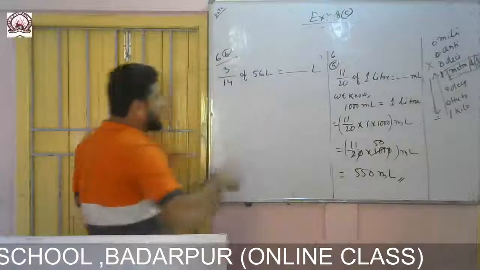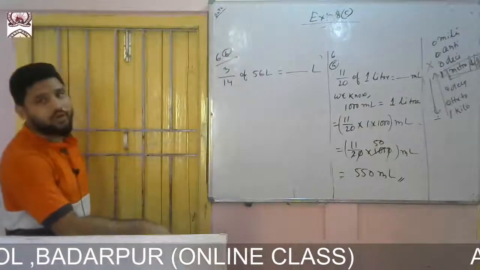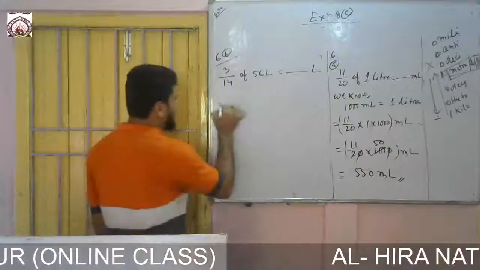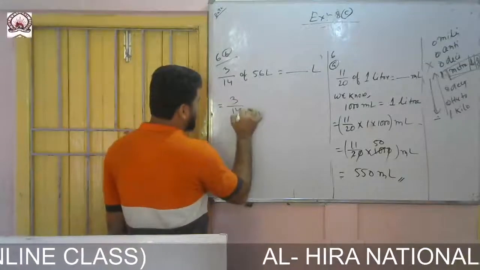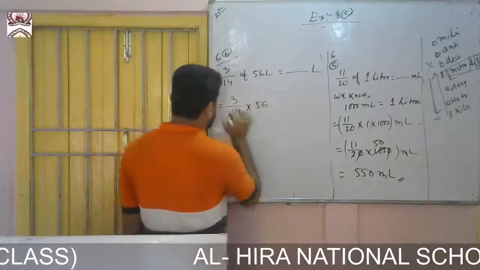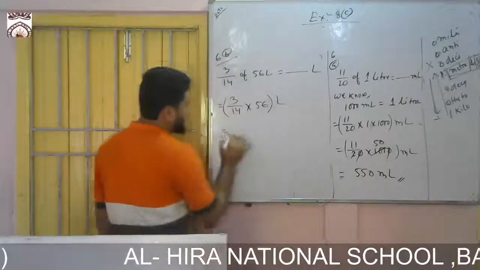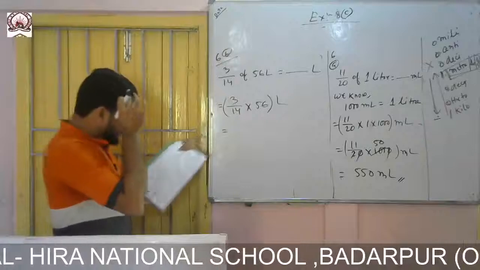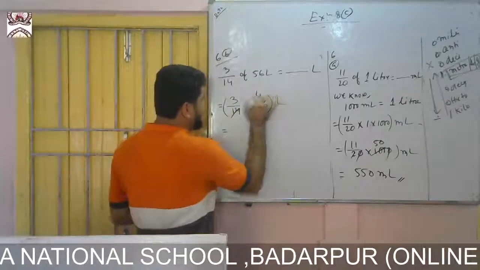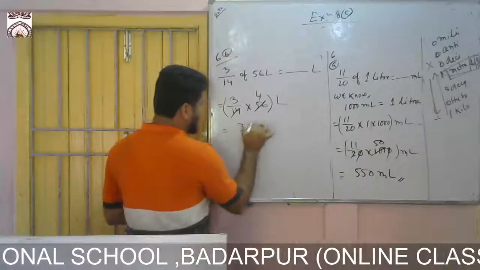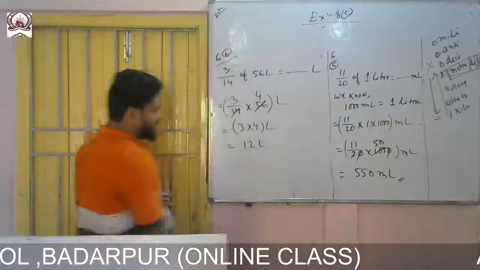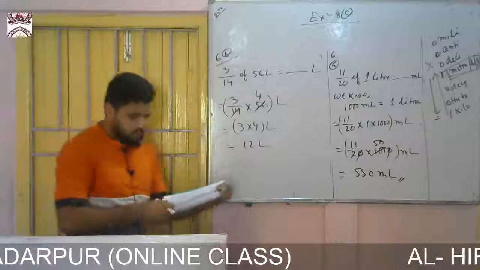Both the units are same, so no need of conversion. So write 3 by 14 into 56 liter. 14 fours are 56. So 3 into 4, it is 12. So 12 liter.